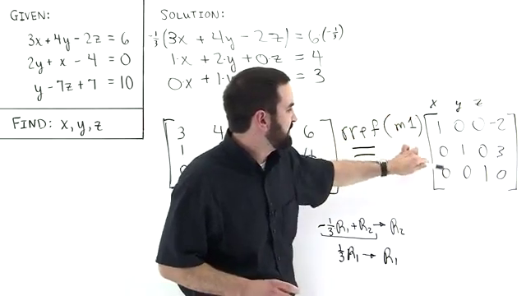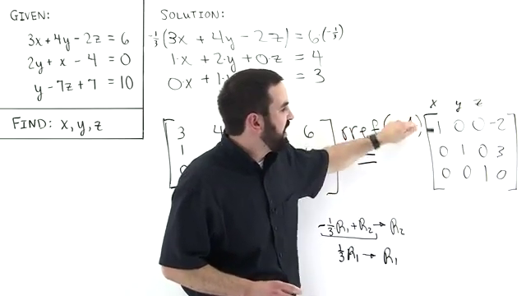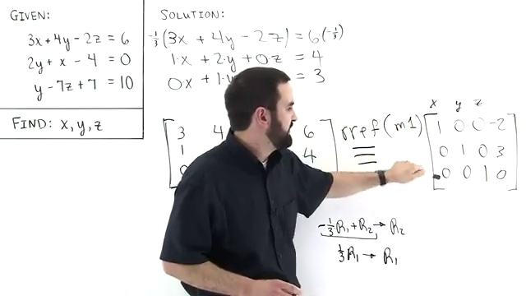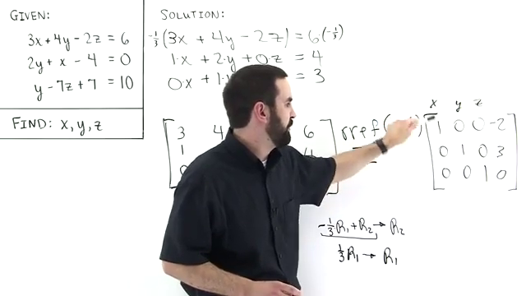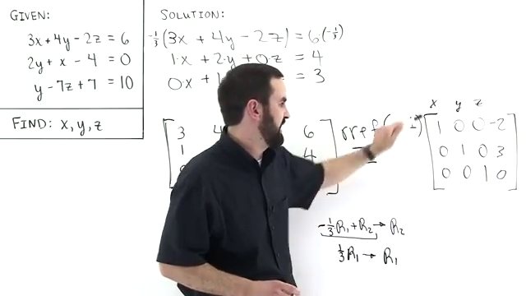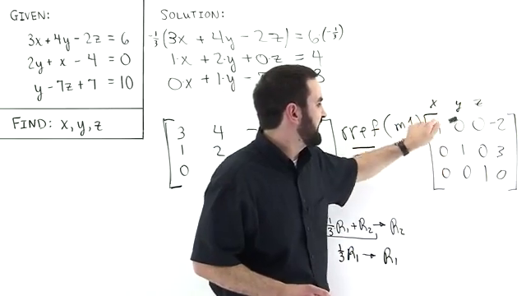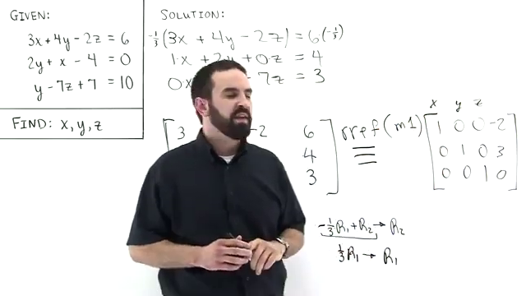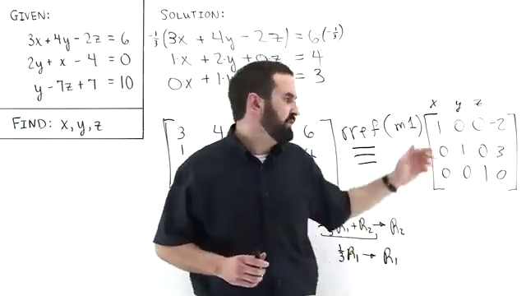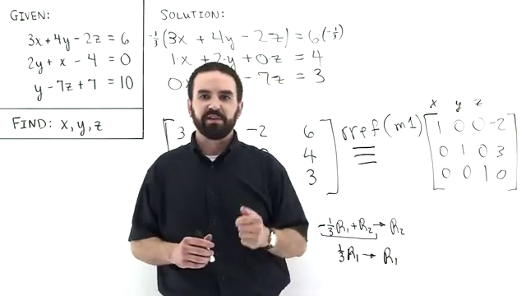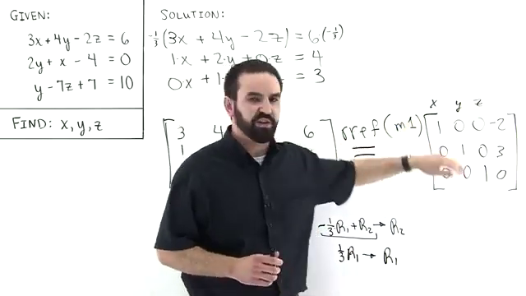The algorithm will take care of the first column first, then it'll do the second column, then the third column. And you'll end up with this diagonalized matrix, as we say, with 1s on the diagonal.